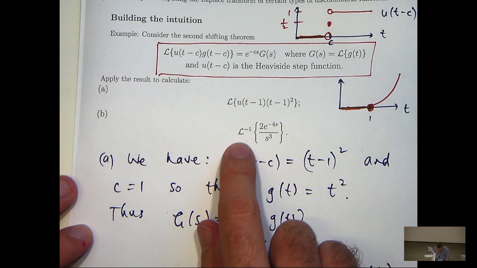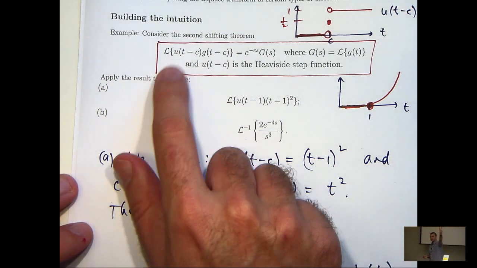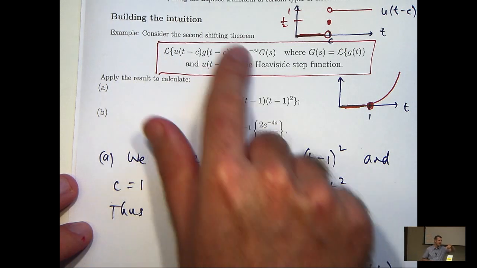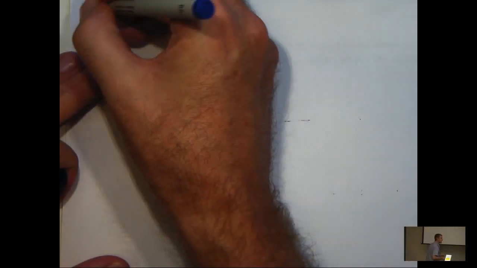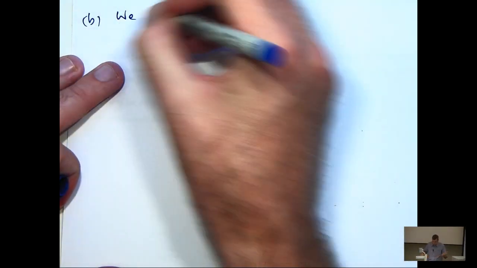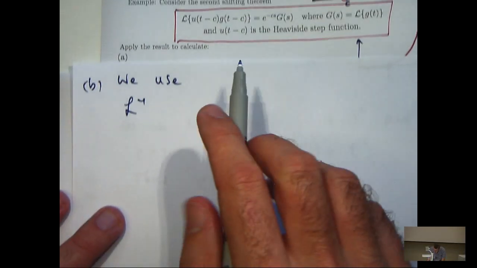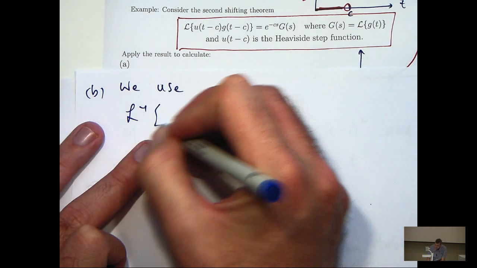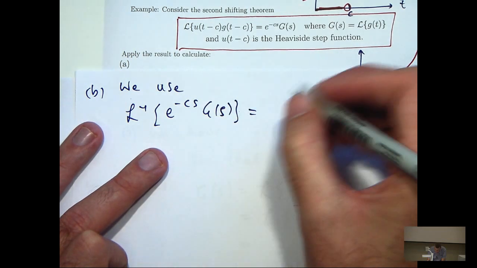In part B, we're asked to calculate the inverse Laplace transform of this expression here. Now I can still use the second shifting theorem. All I need to do is rearrange it slightly. So I would take the inverse transform of both sides and rearrange, and I'll get the following.